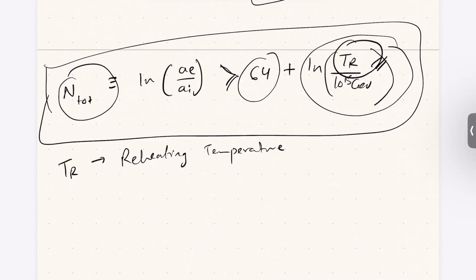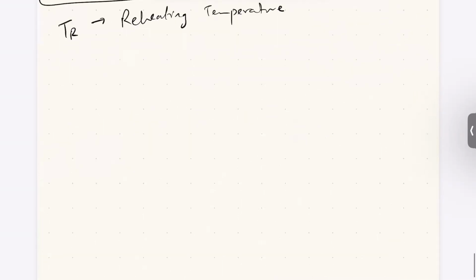Let's say if the accelerated expansion lasted for a longer time, I would have more energy, right? And if the accelerated expansion lasted for a shorter time, I would have less energy. So I can sort of make an assumption by understanding what the reheating temperature is and make a relationship to how long inflation lasted. Right? Does that make sense intuitively? So that's why this is what formulates the number of e-folds.